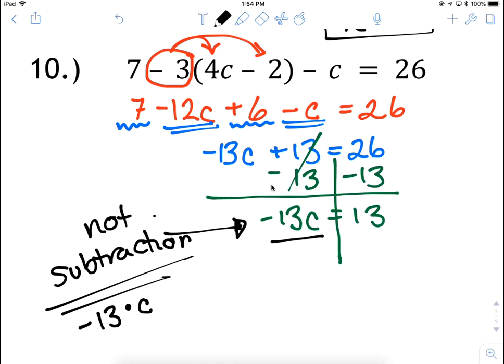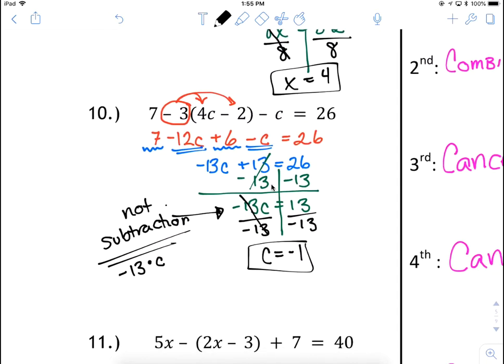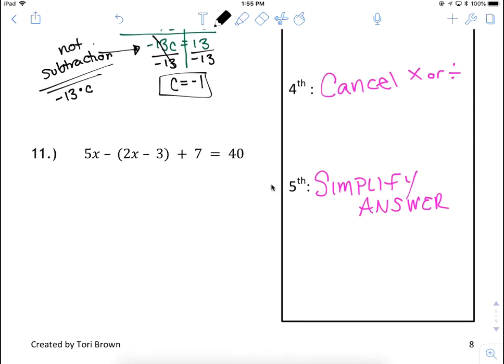So we're going to divide by a negative 13 on both sides. Again, not subtraction, it's division. So if I type that in my calculator, 13 divided by a negative 13, that's going to give me a 1, except it will be negative in this case. So my answer is negative 1. Okay. All right, last problem.